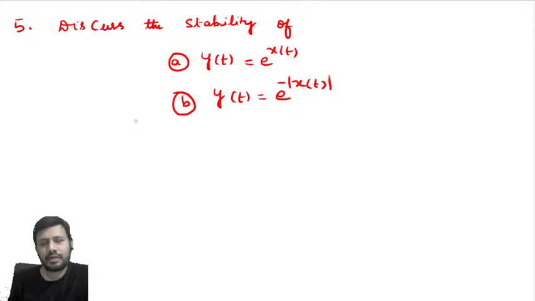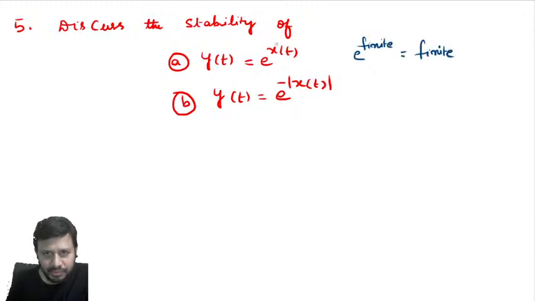So stability means what? Bounded input must produce bounded output. Bounded input means the magnitude of input must be a finite value. So for the first one, x of t is bounded, its magnitude is a finite value. e power finite is always finite.